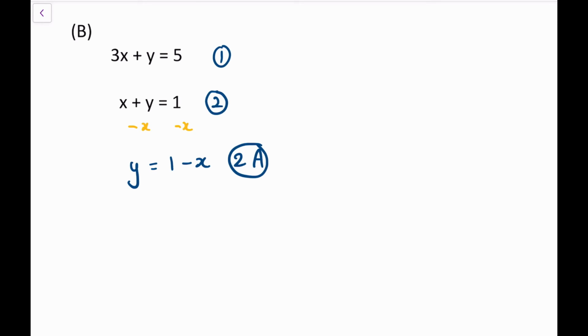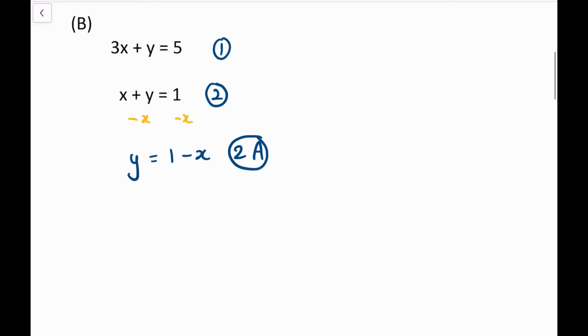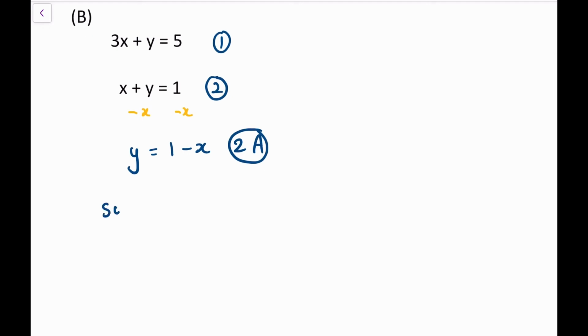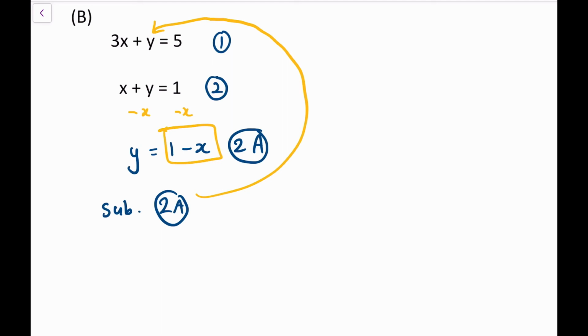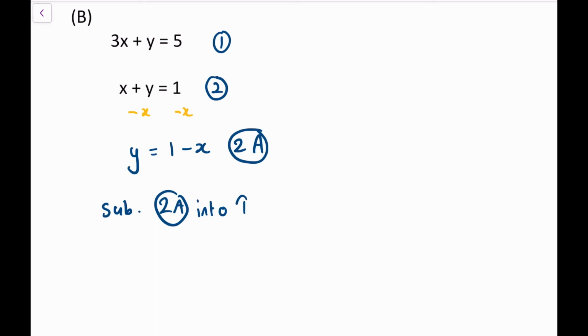Now, for this one here, I'm going to substitute 2a, and you've got to substitute it into the other one. So I'm going to put the y value of 1 minus x where y is. So I'm going to substitute 2a into 1.